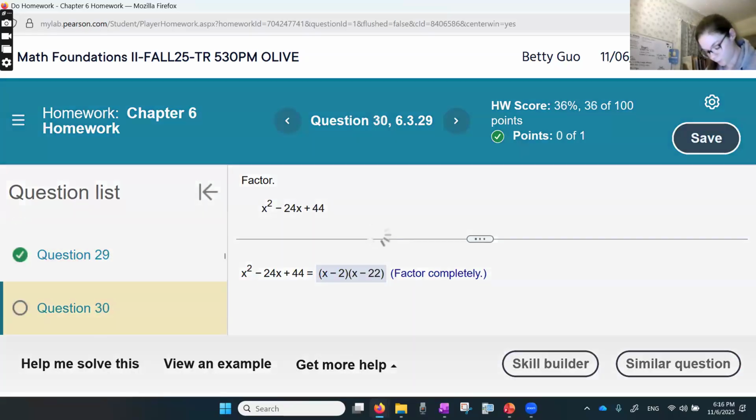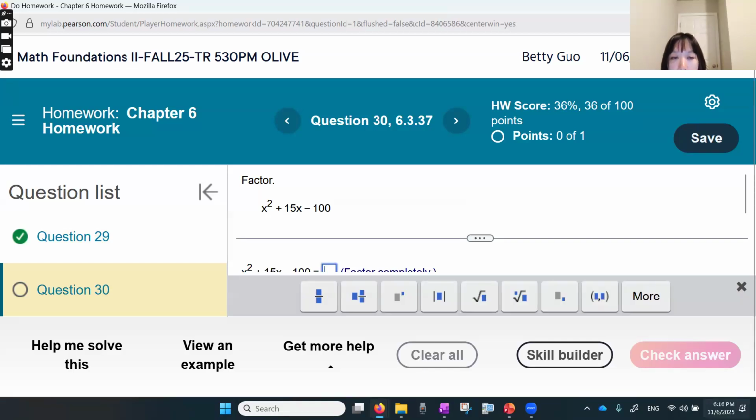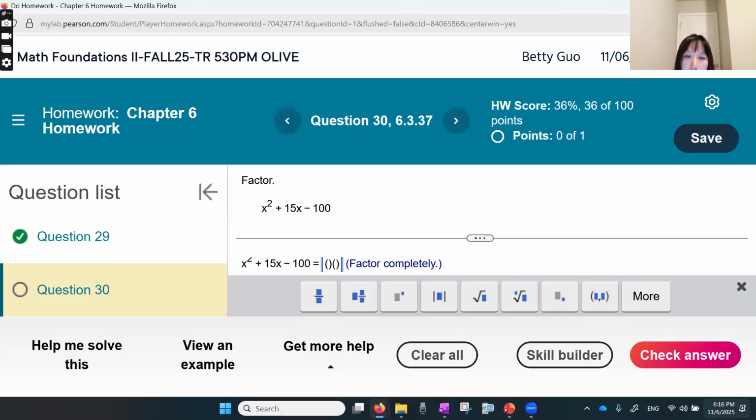Yes. Next one. All right, so this one is 1 positive, 1 negative, and the positive number has the bigger absolute value. So x minus, x plus. Let's see. 100. 1 times 100, 2 times 50.